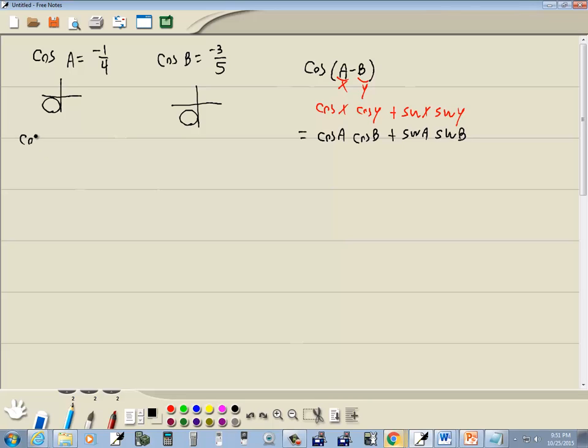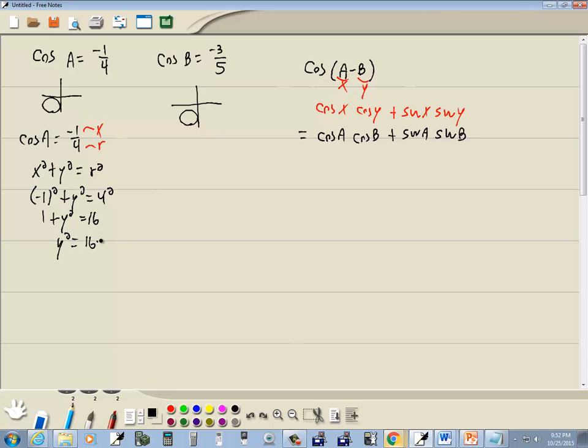Well, cosine A is equal to negative 1/4. Cosine is x over r. So we're going to have x squared plus y squared is equal to r squared. X we said was negative 1, so we get negative 1 squared plus y squared is equal to 4 squared. So 1 plus y squared is equal to 16.